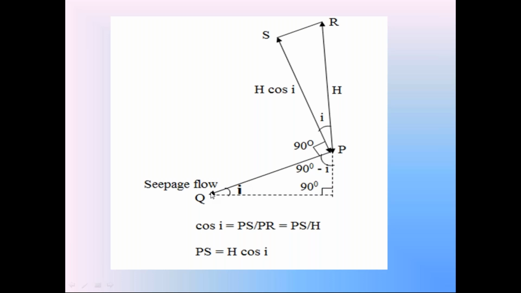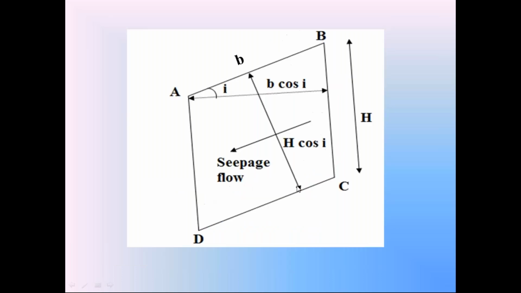Now at the bottom of the soil prism, that is on the surface CD, due to this seepage flow, the pore water pressure acts in vertically upward direction. The magnitude of the pore water pressure is equal to gamma W into H cos i.